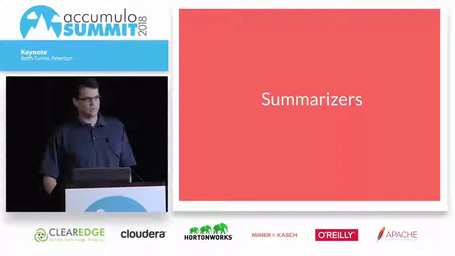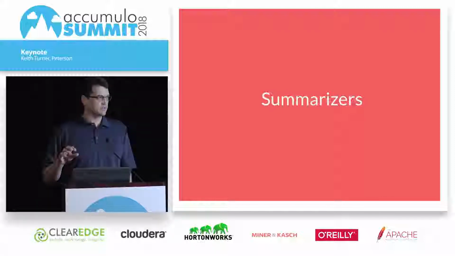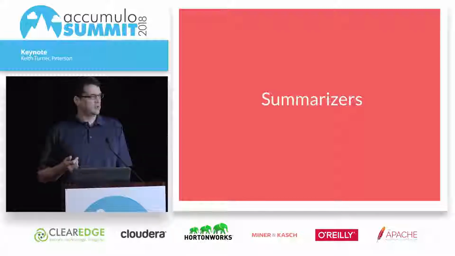So summarizers were another interesting thing that was added for 2.0. These allow you to add user-defined functions to tables that continually generate summaries of what's in the table. They're kind of similar to counters in MapReduce, and they're also similar to combiners in how they're implemented.